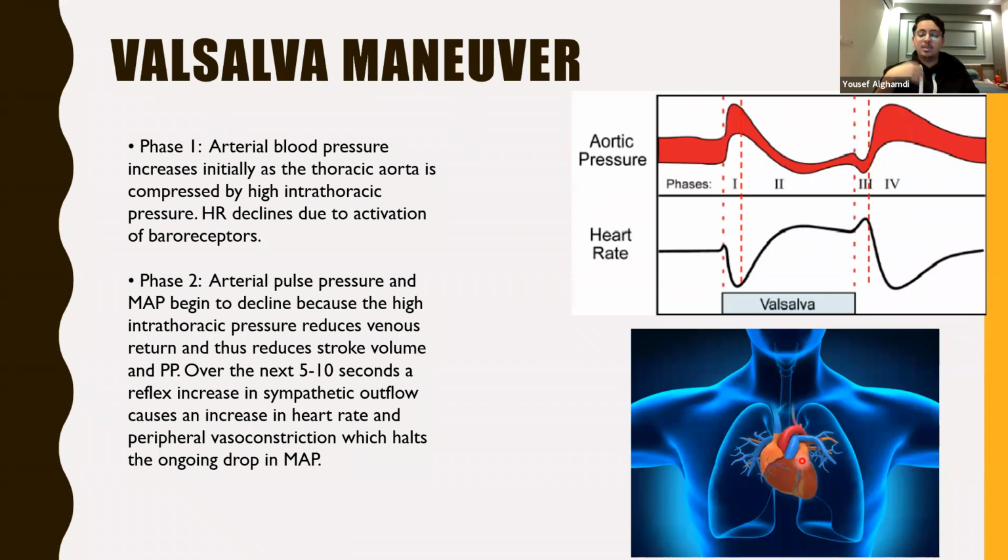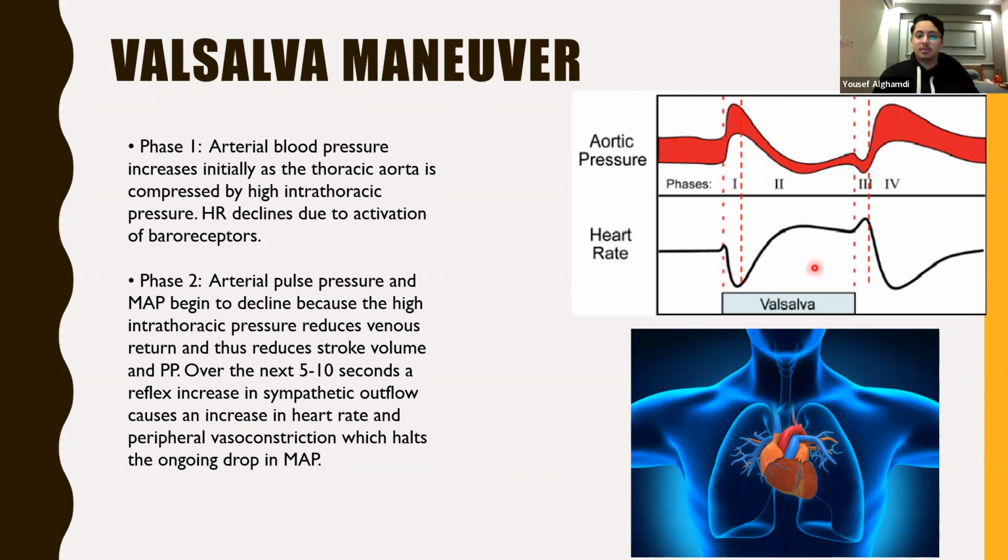So when you increase your blood pressure, like I just told you, your baroreceptor reflex will realize that there's a lot of blood flowing. So it thinks that there's a lot coming out, so it will decrease your heart rate. That's why in the first phase, there's an increase in blood pressure, but there's a decrease in heart rate. Whenever you have an increase in blood pressure, it will be accompanied by a decrease in heart rate.